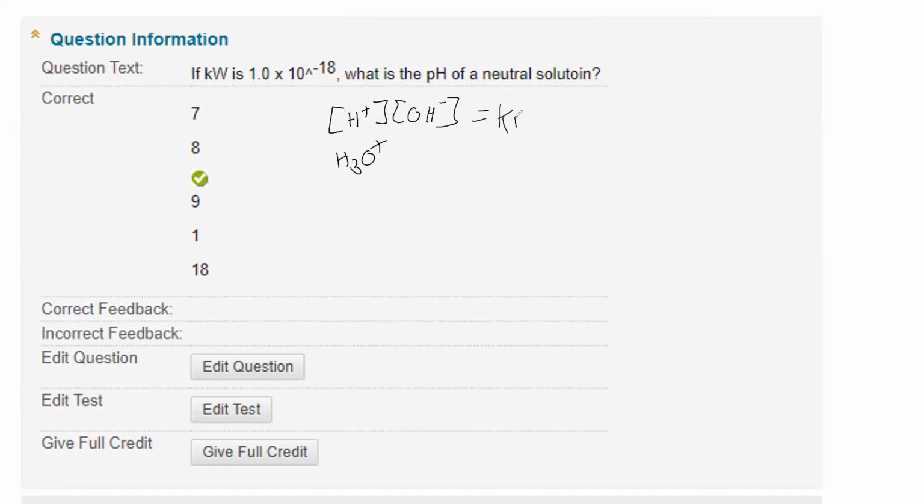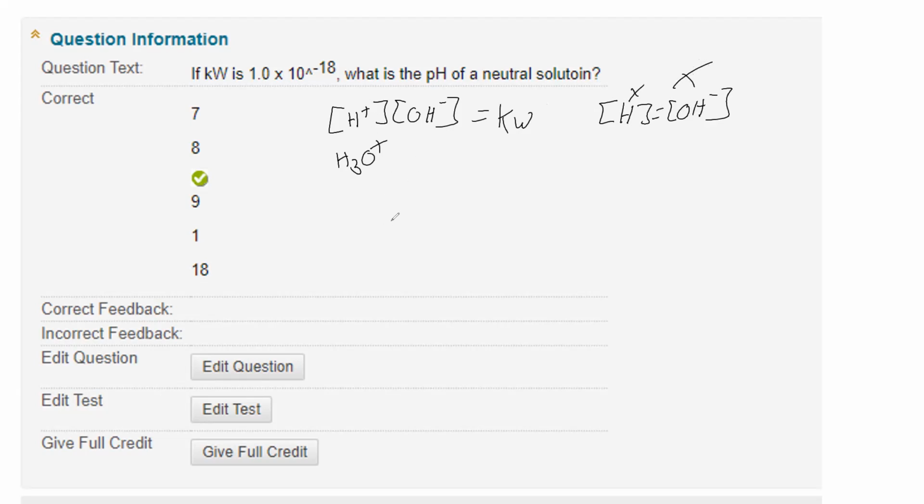This is equal to Kw. In a neutral solution, the amount of hydrogen is equal to the amount of hydroxide. So if I give them variables of X, I'm just going to say the concentration of hydrogen is X. That's equal to the amount of hydroxide. And since they're the same number, that also gets the same variable X.